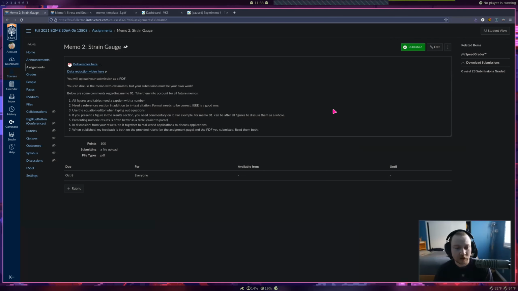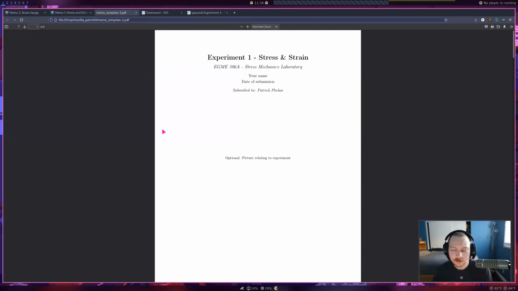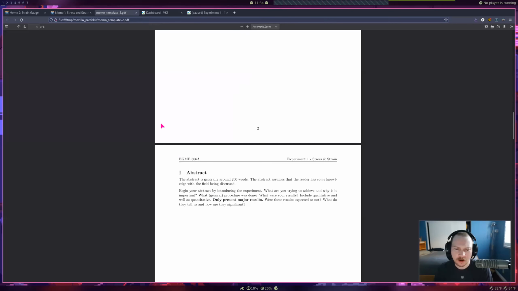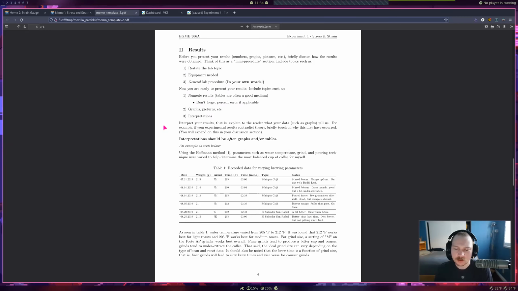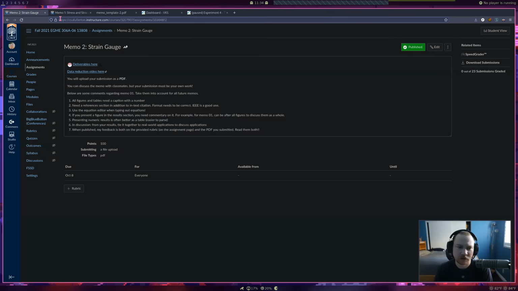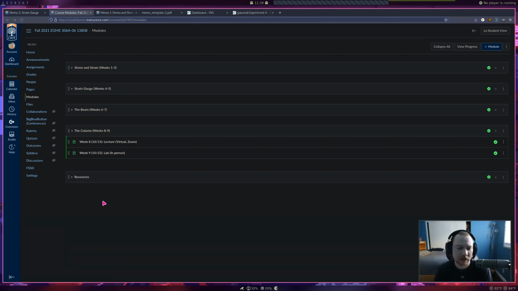Okay, so we're going to do that. The first thing is that all figures and tables need a caption with a number. I'd say about half of you didn't do this. If you look at the memo template, which you can access by going to modules, then resources, and then there's the memo template.